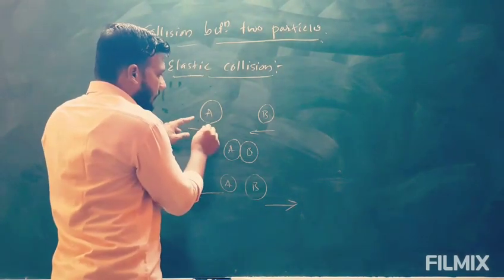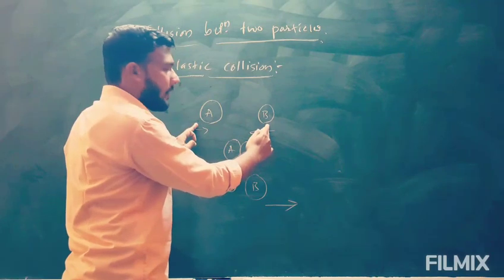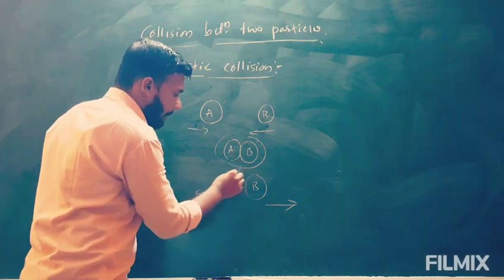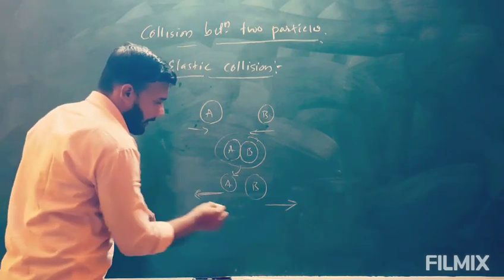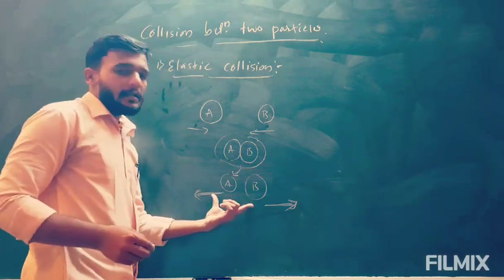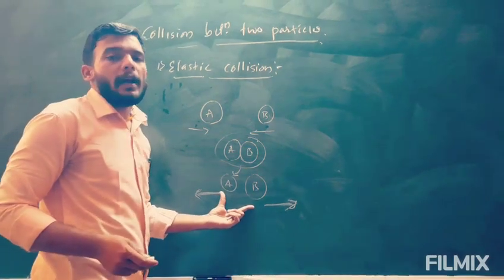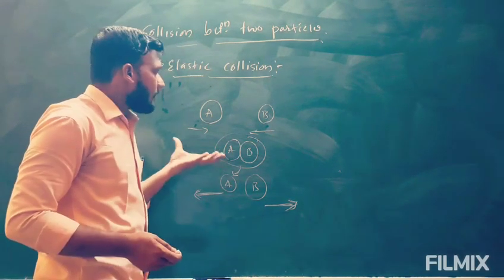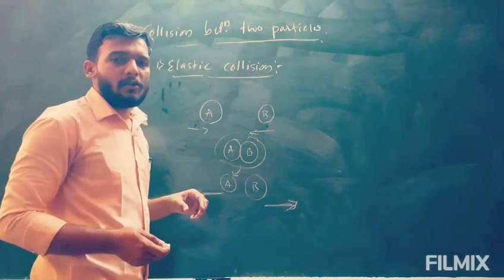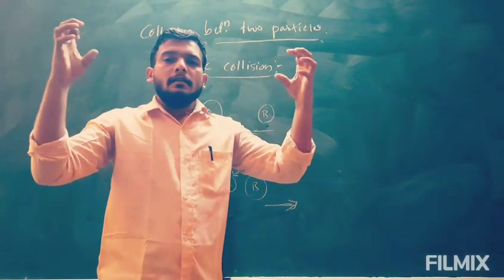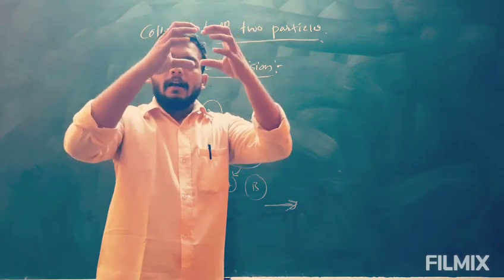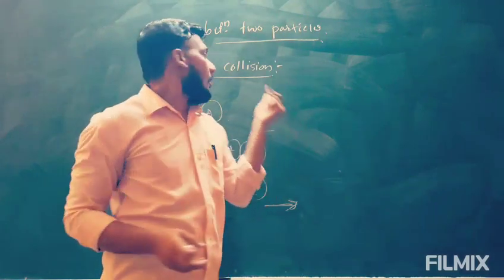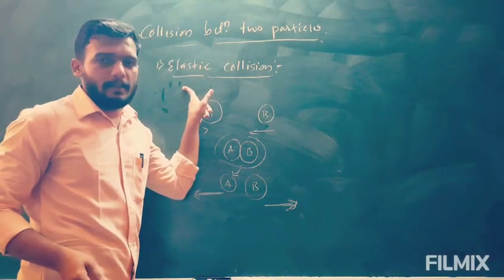Before the collision, the two particles have a certain momentum and kinetic energy. After the collision, they move in the opposite direction with the same momentum and same kinetic energy. So this collision is called an elastic collision. If two plastic balls hit each other and move with the same velocity and kinetic energy, that is an elastic collision.